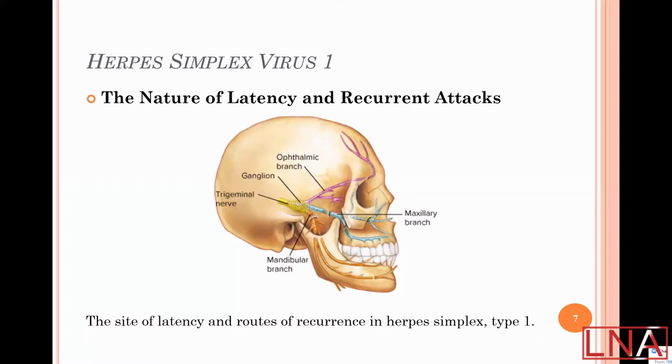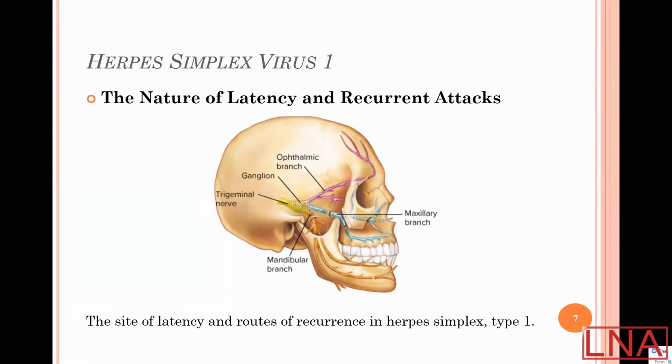So a primary infection is always an infection of the skin and then penetration into the trigeminal nerve. Then during the latent stage, the virus stays there and sleeps, because it's under the control of the immune system.